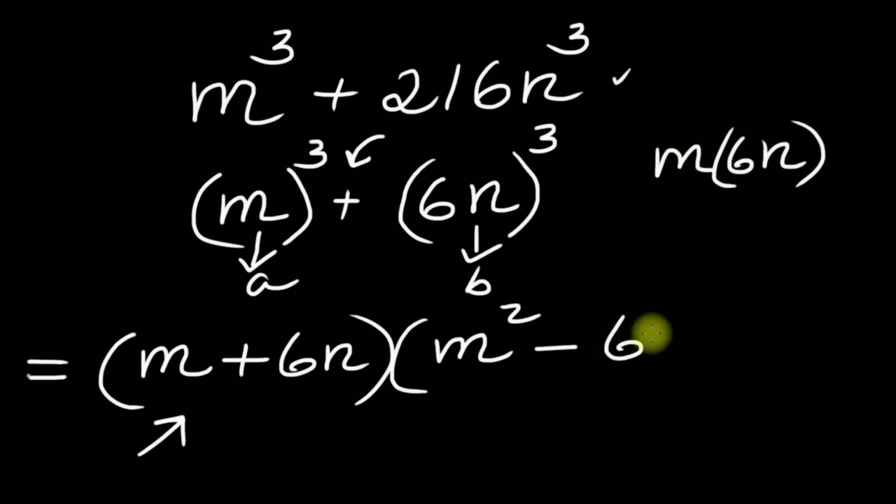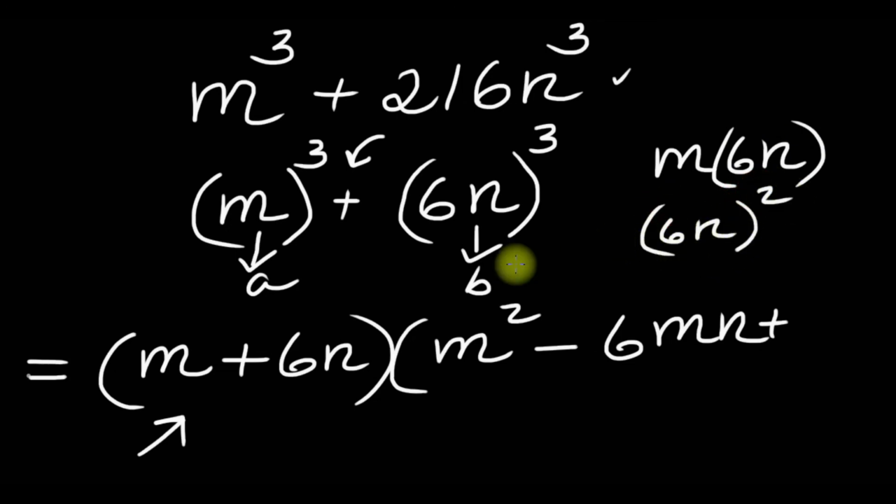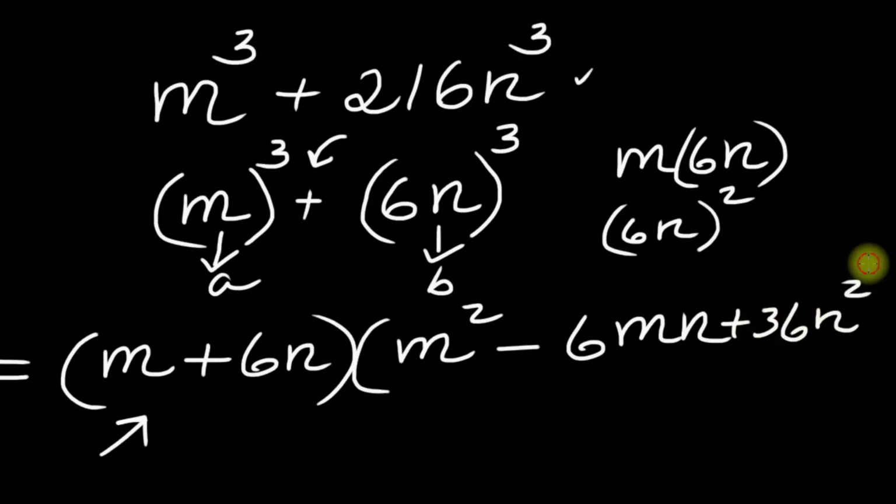Well, that's going to be 6n. And then plus B squared. So 6n squared is going to be 36n squared. Okay, so these are the two factors of the given polynomial.